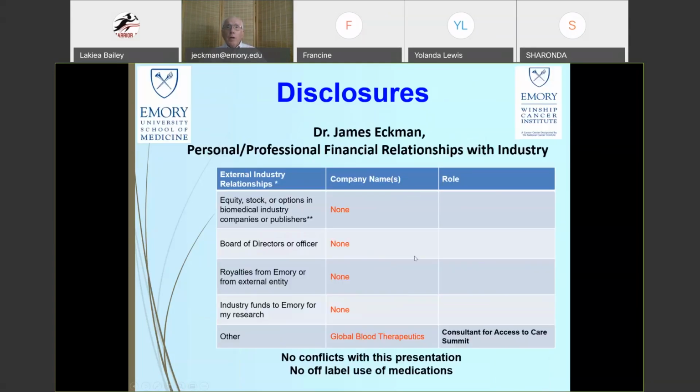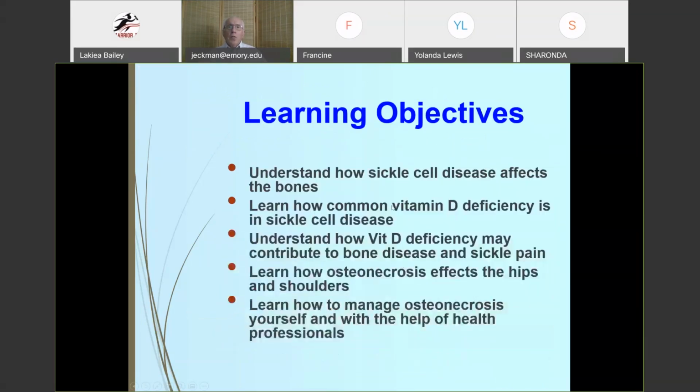I don't have any relationships with industry that would compromise this presentation, and I'm not going to talk about any off-label use of medications. So tonight, I really want to help you understand how sickle cell disease affects the bones. I also want to stress how common vitamin D deficiency is in sickle cell disease and understand how that might contribute to bone disease and sickle cell pain.